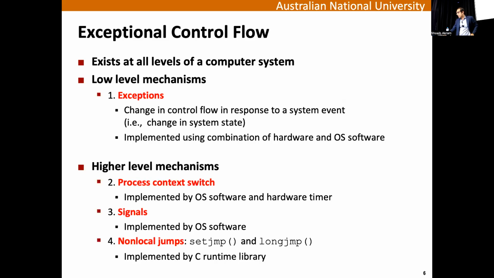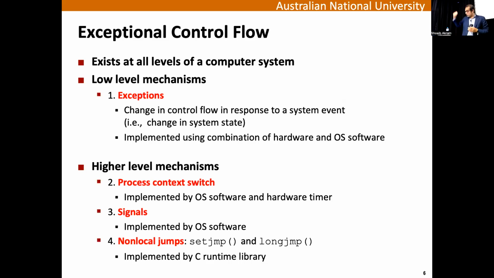And then exceptions also appear elsewhere. You might have written Java programs where you throw an exception if something happens, try-catch blocks in C++, signals that we will look at where you send a message to a running program to get its attention to do something for you.